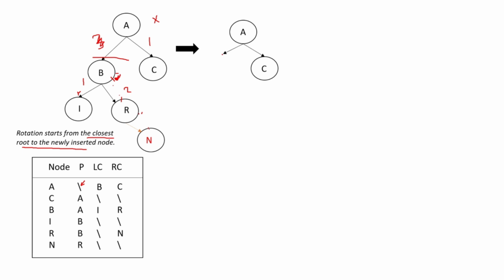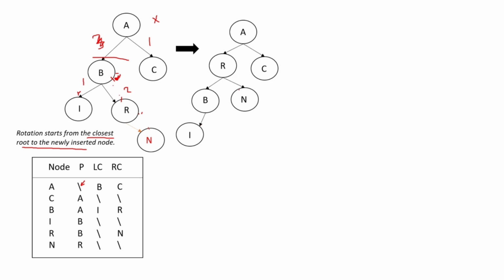At this point R will come up and B will go down. N was already there, so N will be here. B will come down as the left child of R, and since I was already a part of the right child, the left child of B, I will just remain where it was.